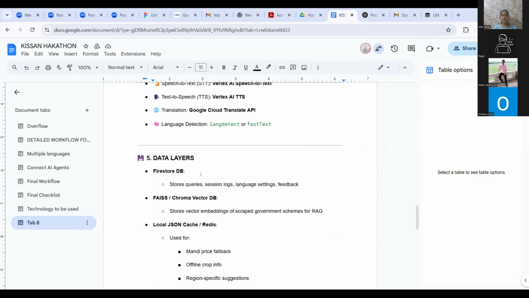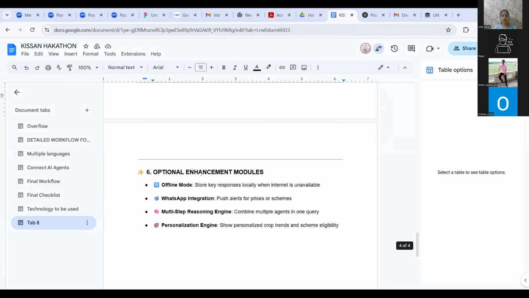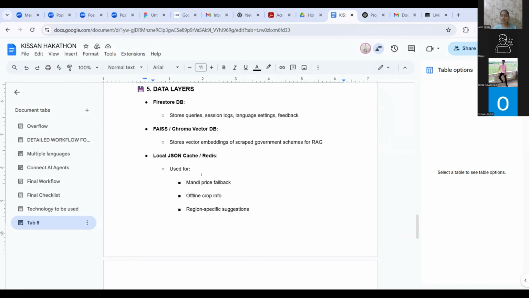Now, the database layer. The database layer would be of three types: first the Firestore database, second the Chroma vector database, and last one the cache. Firebase would be used to store queries and session login and logout.